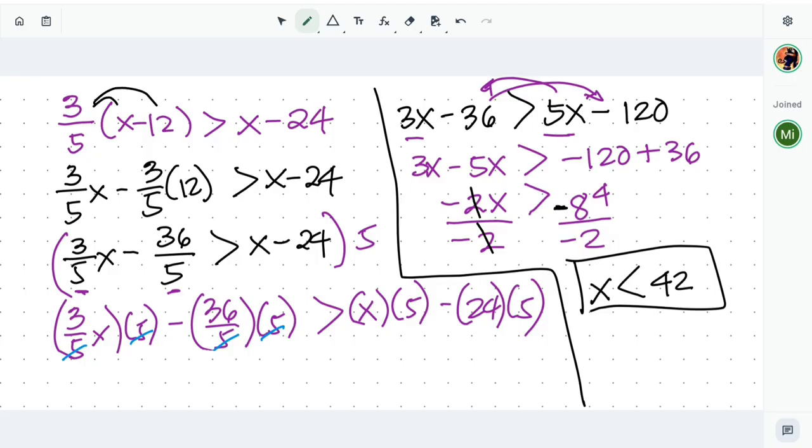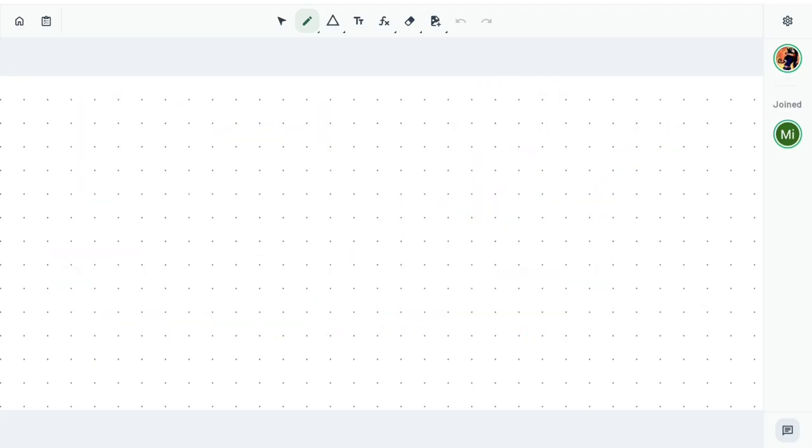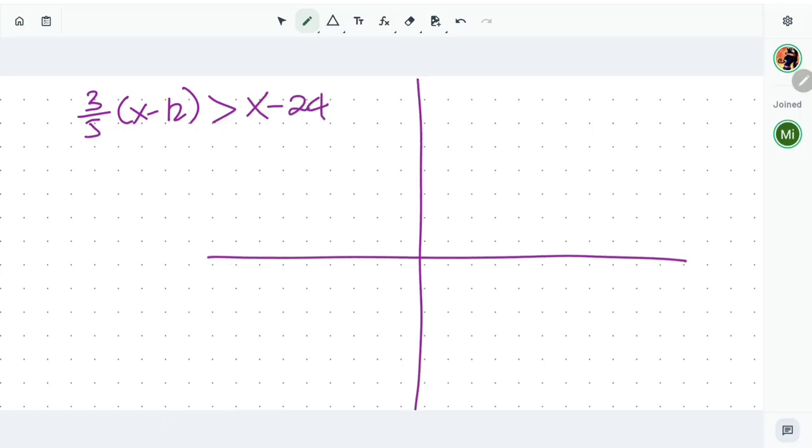Can you please clear the board so I can show you? If you're going to graph x less than 42, but if you're going to graph the whole inequality, this is the one we're solving: 3/5 (x minus 12) greater than x minus 24. So if this is our coordinate plane, the solution is x less than 42.